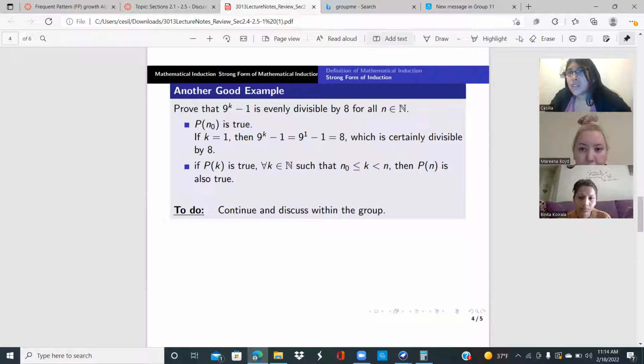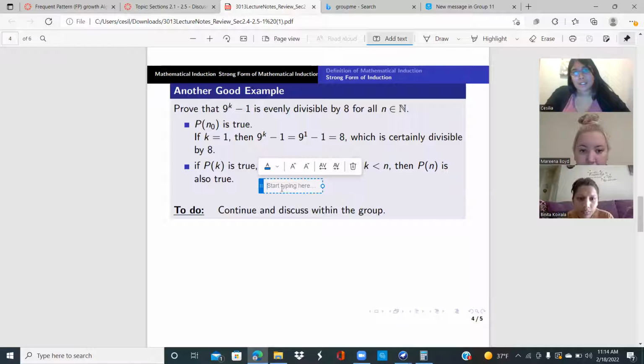Okay, so for this one, I'll try to do it the best I can. Once you get to this final step, P of k, which gives you 8, right? I said right there. Mhm.